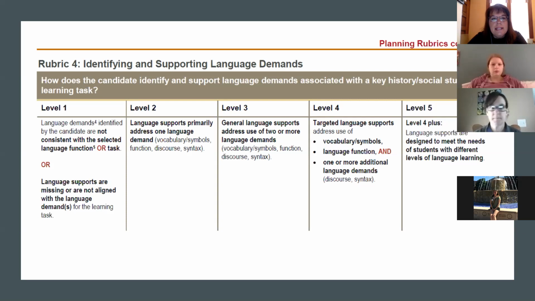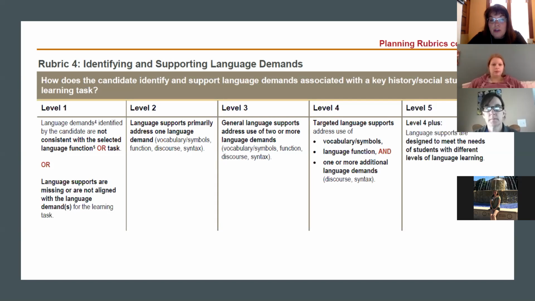So the language demands identified by the candidate are not consistent with the selected language function or task, right? So I gave the example before of a language function, that's a process vocabulary, to be compare and contrast, right? And the language demand is that I wanted them to create a Venn diagram. When I create a Venn diagram, I'm comparing and contrasting, right?